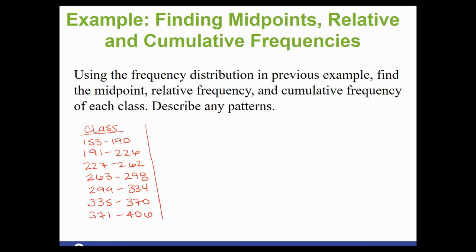So all 7 classes, and then their frequencies: 3, 2, 5, 6, 7, 4, 3.